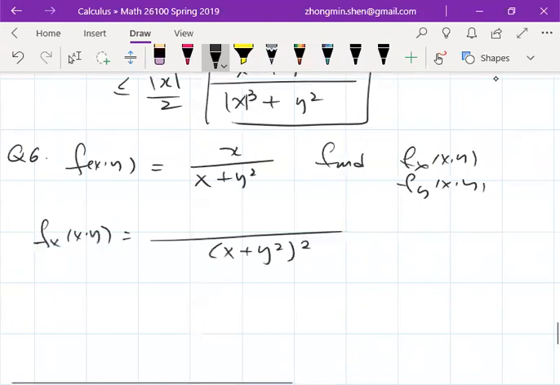Partial derivative with respect to x, so it's 1 times x plus y squared, minus x times the derivative of x plus y squared with respect to x, so that will be just y squared over x plus y squared, squared. That's the first.